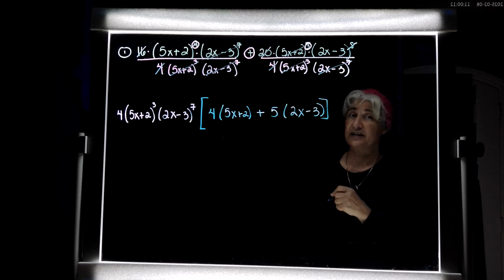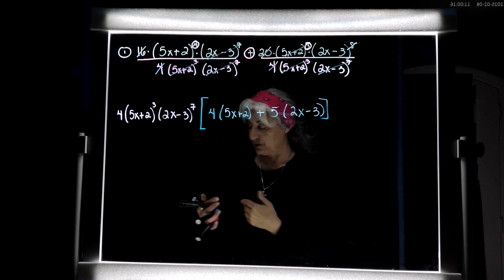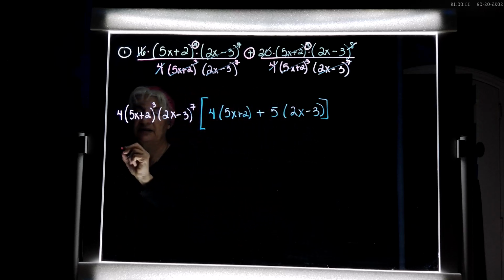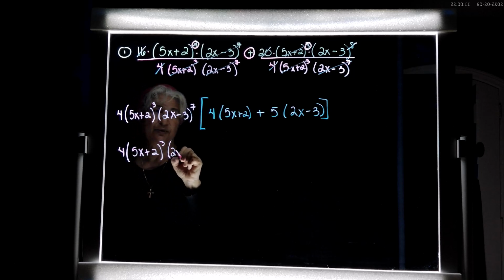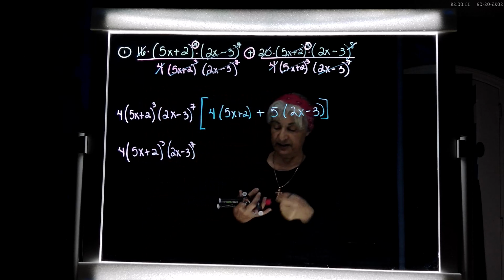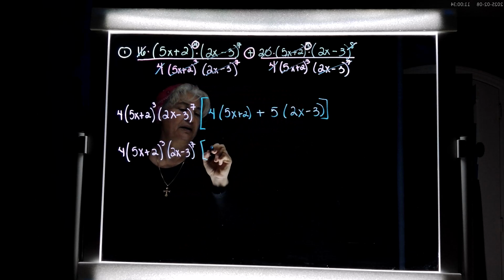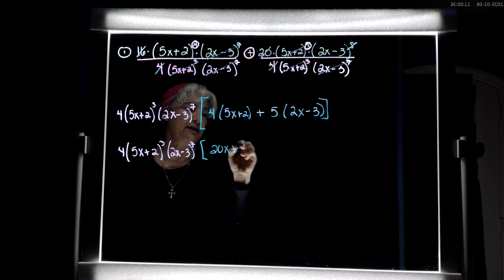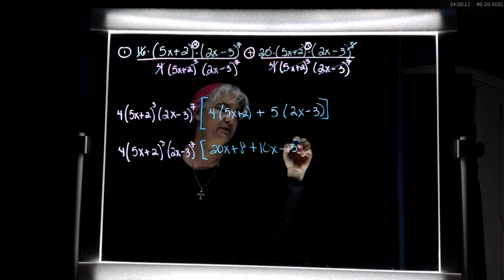Okay, ready to keep going? Hopefully you're agreeing, hopefully your work's agreeing with mine. So let's see, I'm writing the 4, my 2 parentheses to their powers that we decided we were going to factor out. Okay, let's see what remains in the bracket. We have 20x plus 8 plus 10x minus 15.